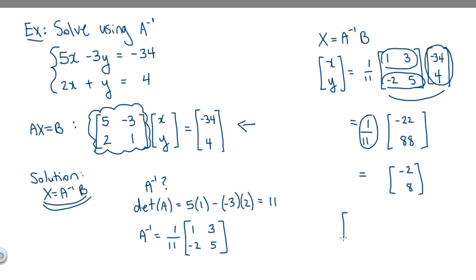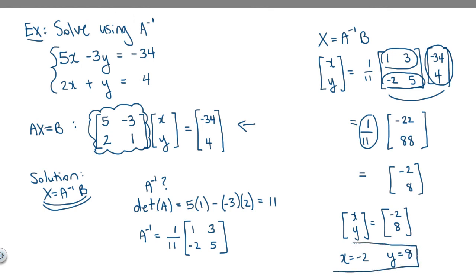So now our matrix equation is saying xy is equal to negative 2, 8. In other words, this is giving us two pieces of information. It's telling us x is equal to negative 2, y is equal to 8. And we have solved our system using the inverse matrix.